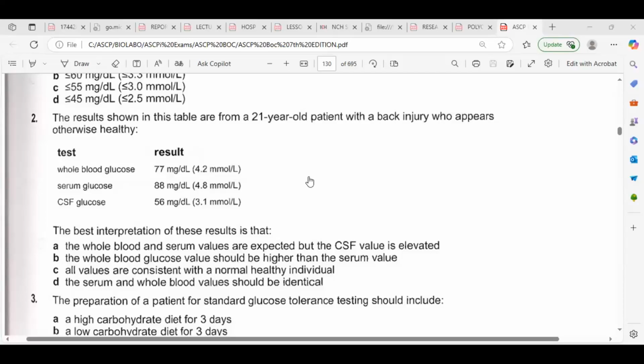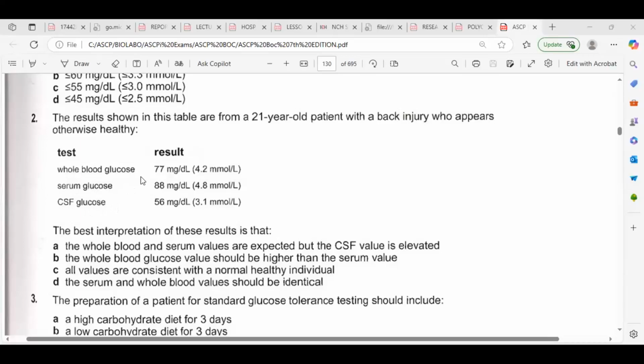What is being explained is correct, and what we need to know here is that the difference is not only about body fluids, but also whole blood glucose and serum glucose. These are significant, and then glucose in CSF.